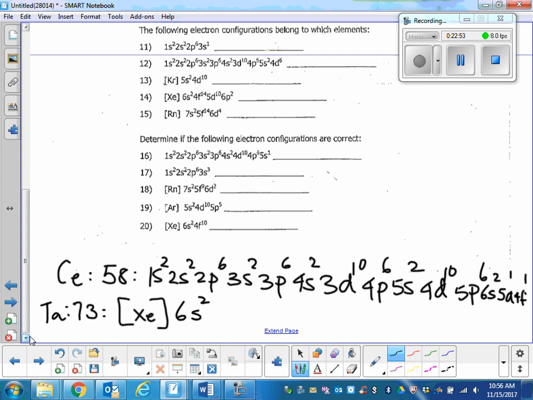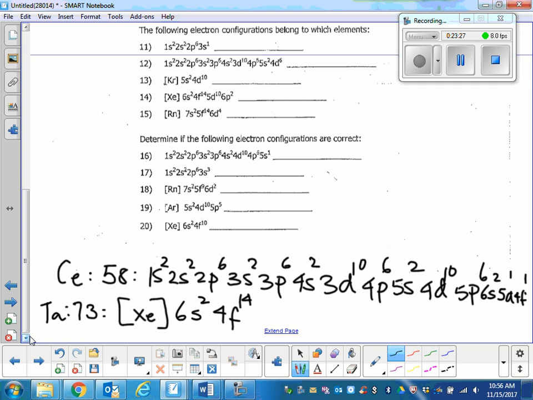Now, we are doing tantalum, mind you. Tantalum is 73. Lanthanum is 57. All of the F occupies and then it comes back to D. So the way I'm going to do this is 6s2, 4f14, and then I come back to 5d.